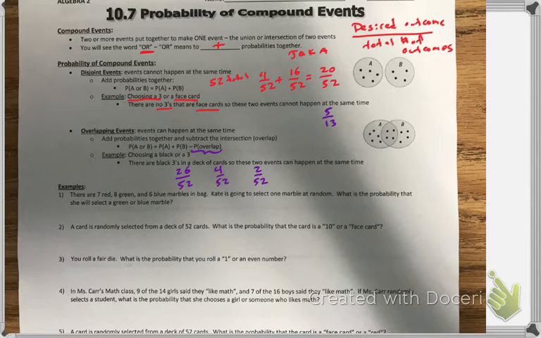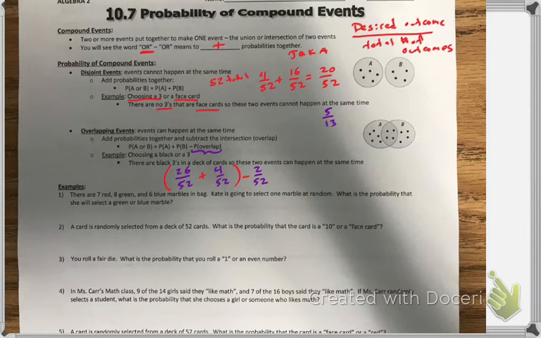So we take our individual odds that we're trying to get, 26 out of 52, a black card, 4 out of 52, a 3, we add those together, but then we need to subtract the overlapping probability, which would be 2 out of 52, or the black 3, right?